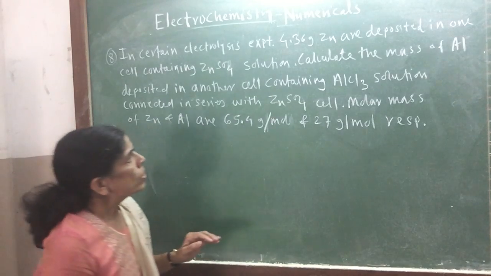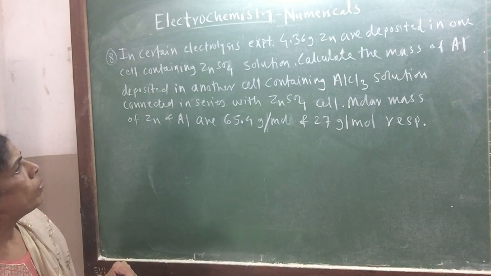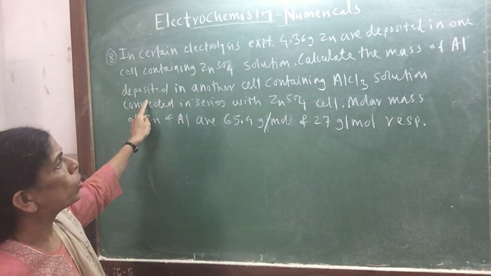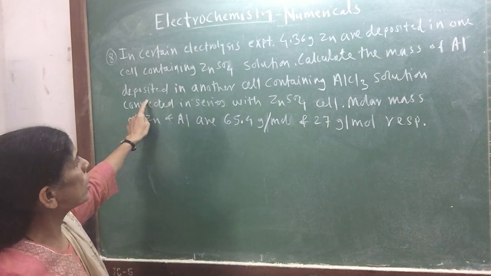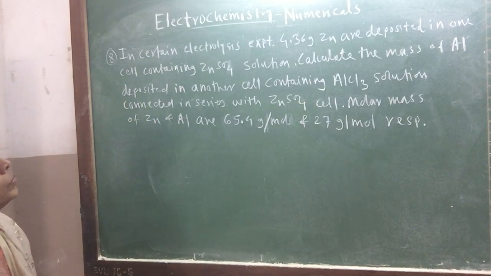So the zinc which is deposited is 4.36 and the mass of aluminium which is deposited, you have to calculate in another cell connected in series with the zinc sulfate solution. Molar masses of zinc and aluminium are given.